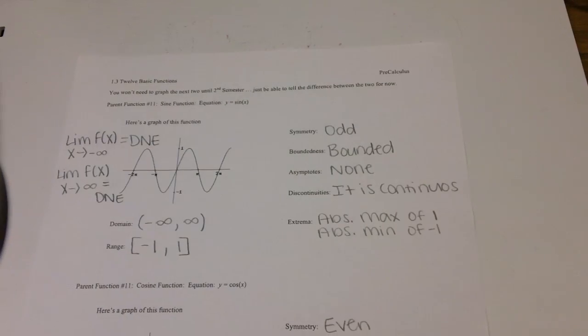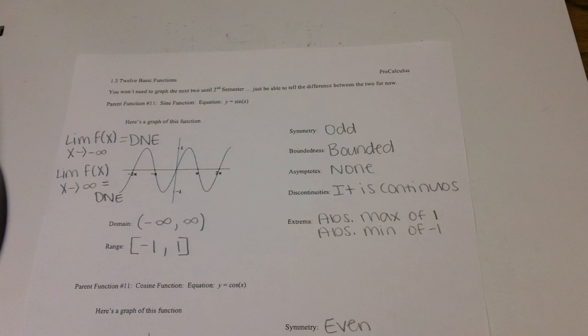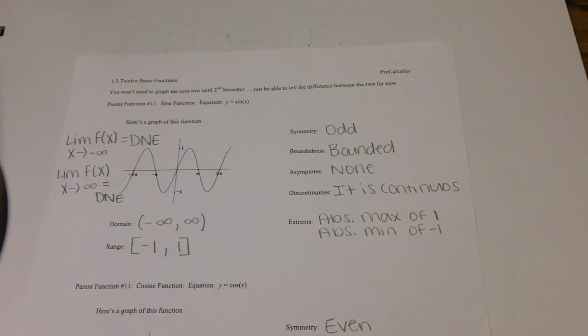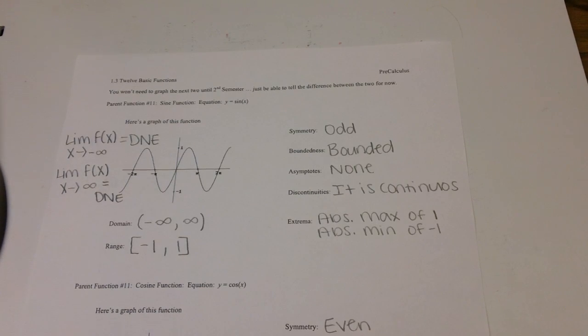So for parent function 11, the domain is negative infinity to infinity. The range is -1 to 1, both included. The symmetry is odd. It is bounded. There are no asymptotes. It is continuous, with an absolute maximum of 1 and absolute minimum of -1.